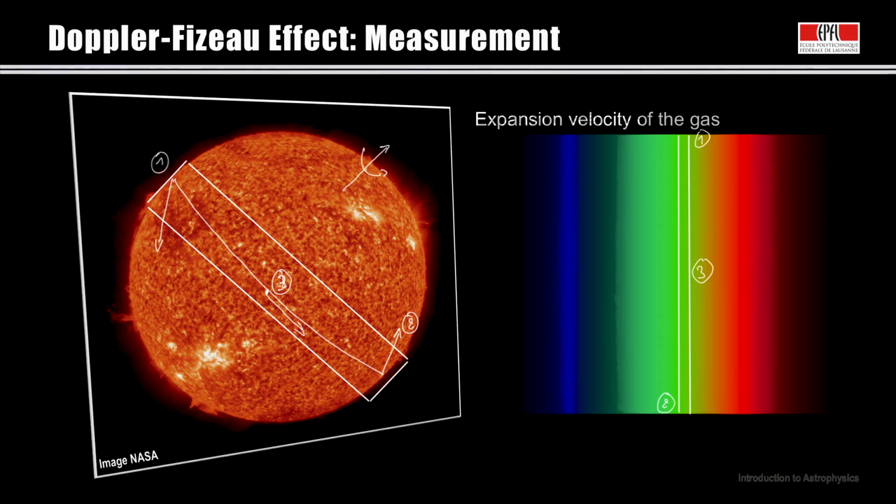We can see that the point 2 is moving away from us, so that the point that is in this place will be redshifted. The velocity at point 3 does not have a radial component, so this point stays in the same place, its wavelength being equal to lambda 0. Point 1 is moving in our direction, so it will be blue shifted.